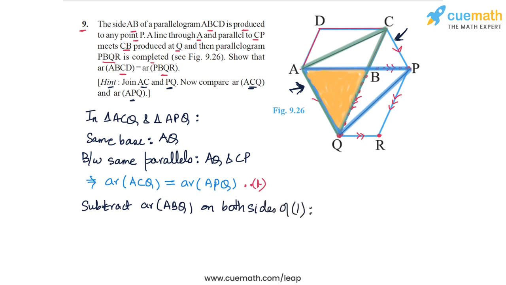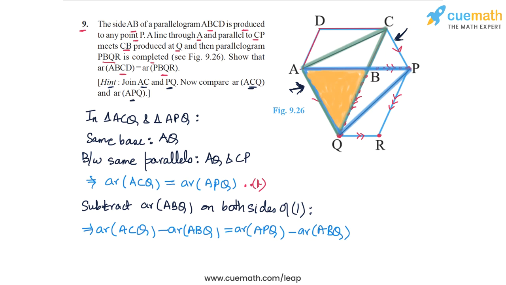So what do we get on the left side? On the left side we get area of ACQ minus the area of ABQ, and on the right side we get area of APQ minus the area of ABQ.